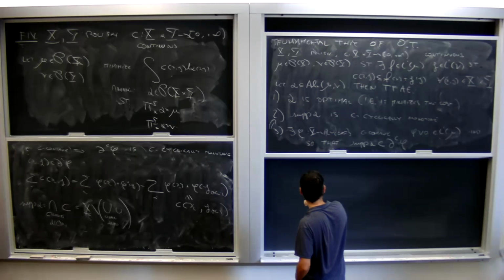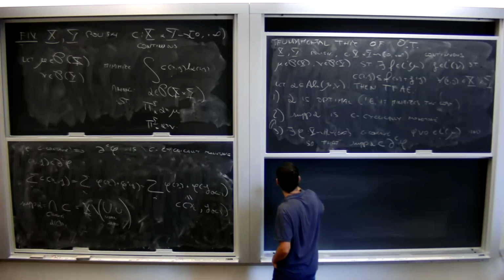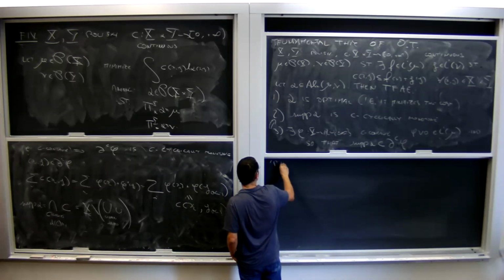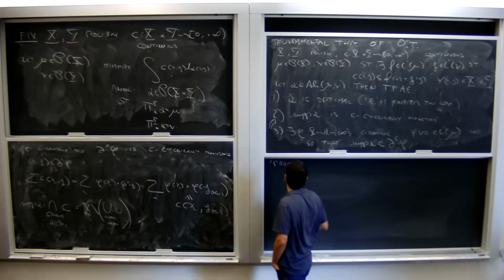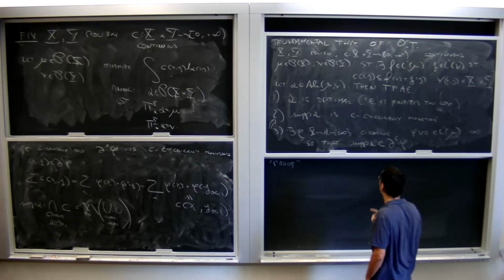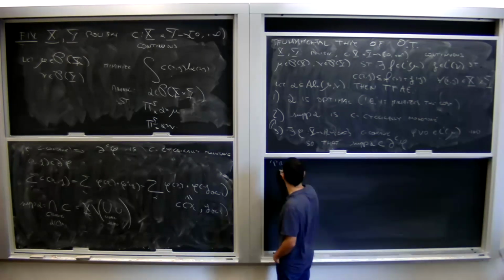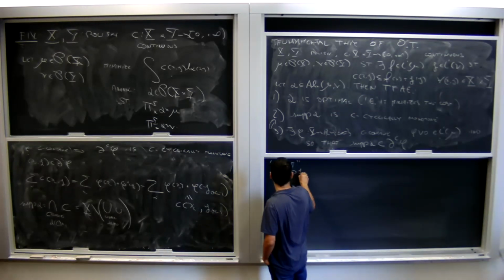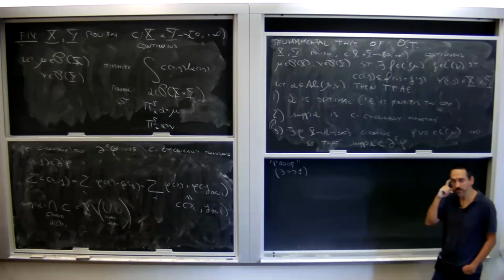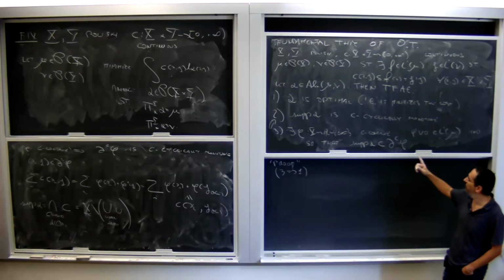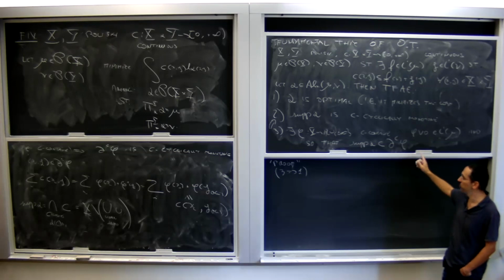Let me see how the proof goes. The implication 3 to 1: not really a proof, but a sketch of it. The implication from 3 to 1 is the easy one. Suppose you have phi satisfying this condition.